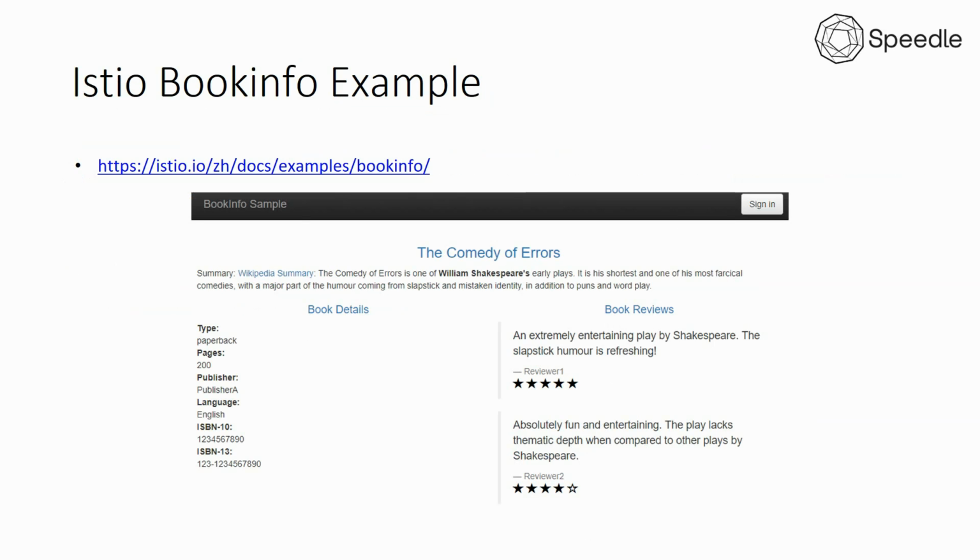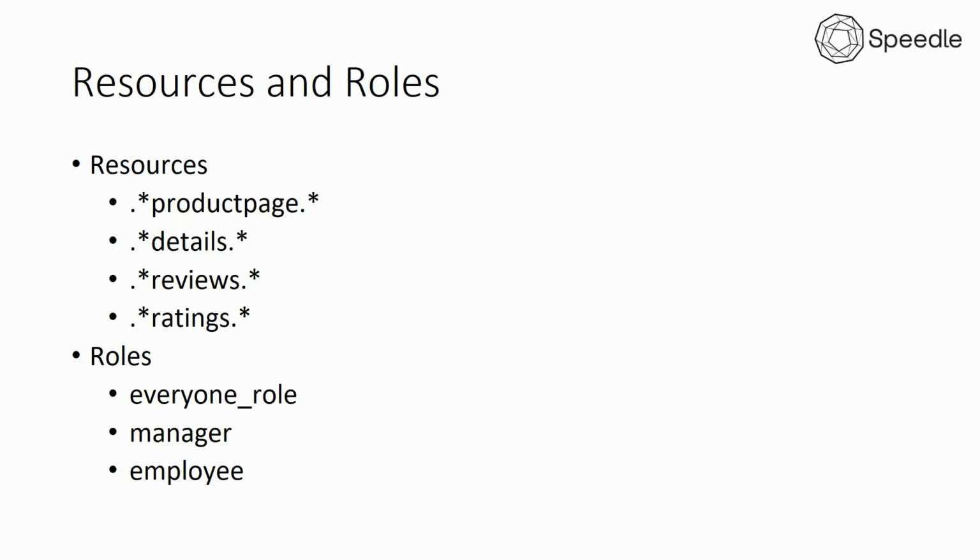The Istio BookInfo example has 4 microservices: the product information, the book details, the book reviewers, and the ratings. So for the BookInfo example application, we can define 4 resources. They are for product page, for details, for reviewers, and for ratings.